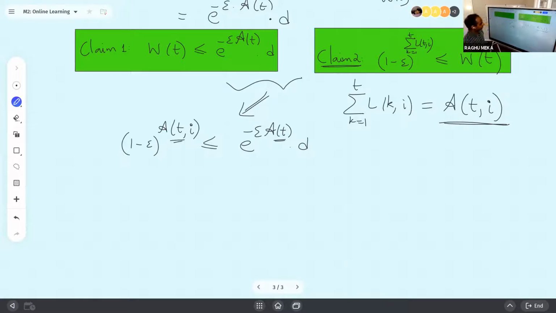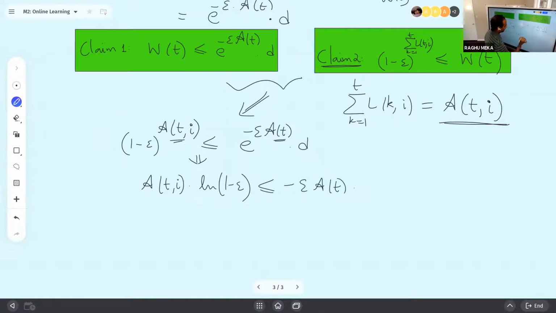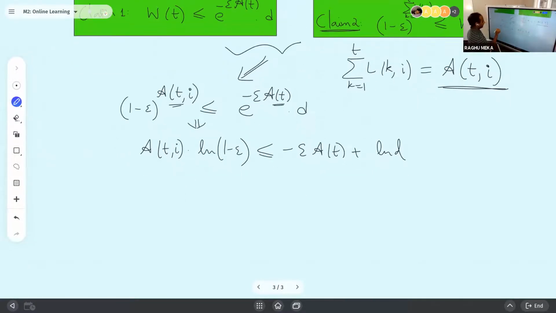It seems like a bit of a weird inequality, but just as for the weighted majority algorithm's analysis, we have something in the exponent, so let's take logarithms to connect them. So this implies that A of T, I times ln of 1 minus epsilon is at most, where ln is the natural logarithm of course, plus ln D. And this implies basically what we want.